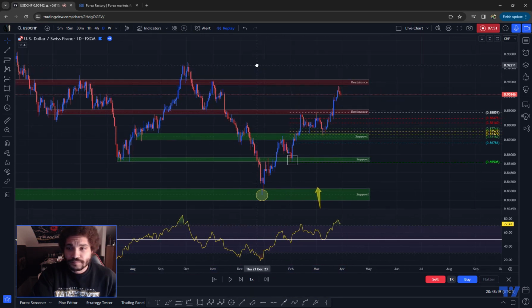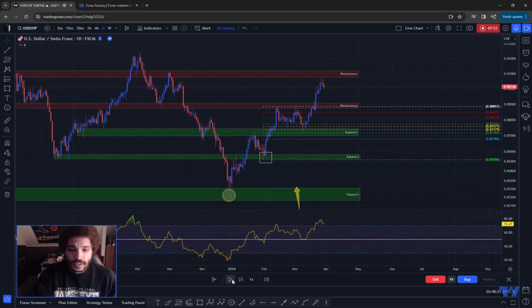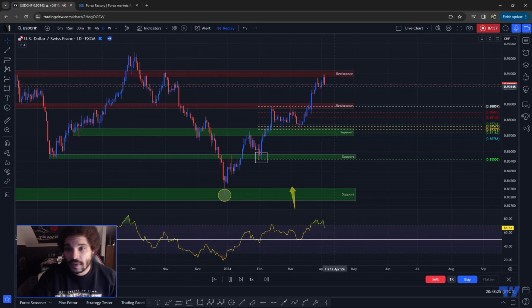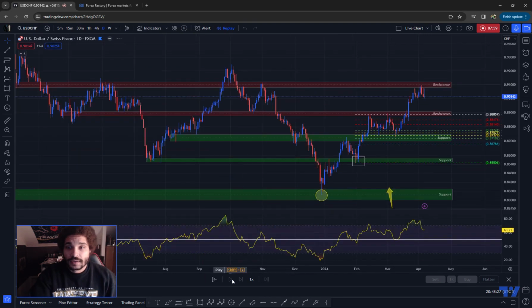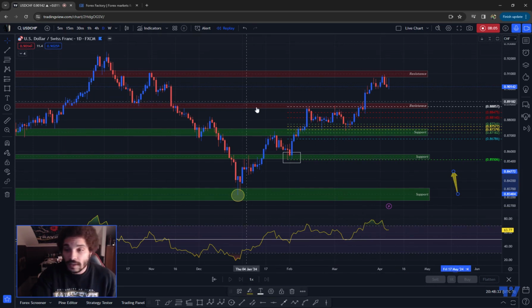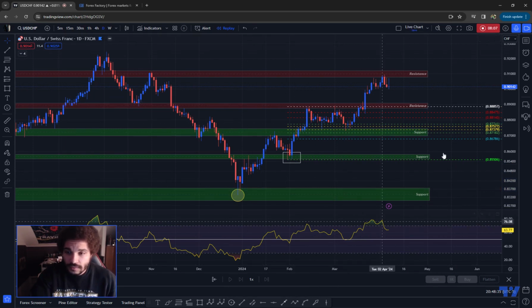There we go. So we have price coming up into this resistance and being rejected. Now, here we are, current time on the daily chart. We've had a correction at this level.